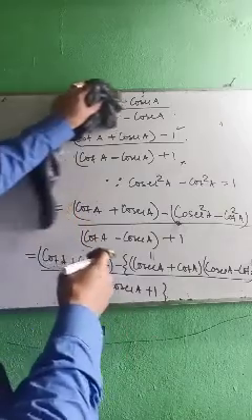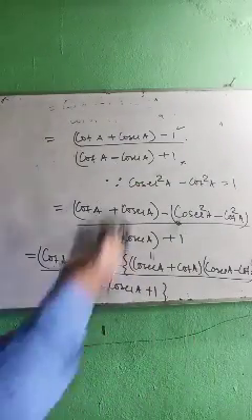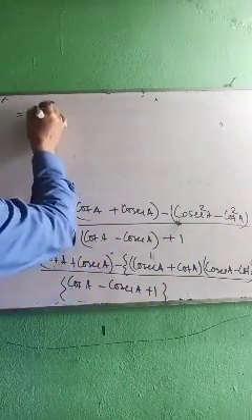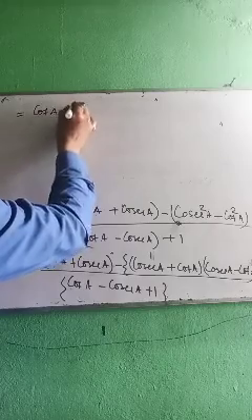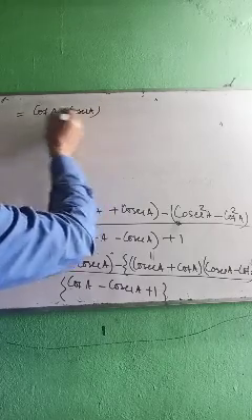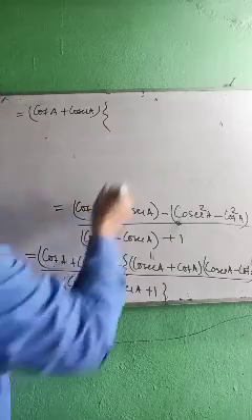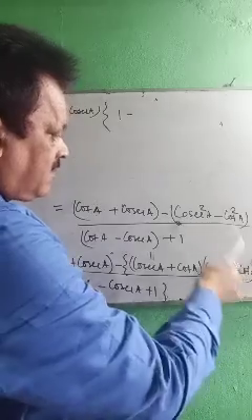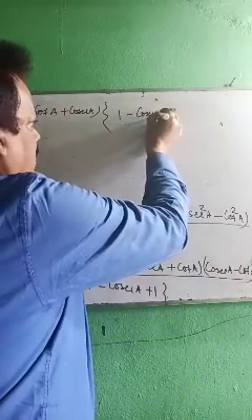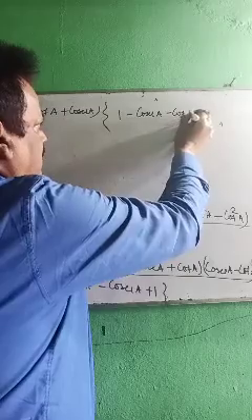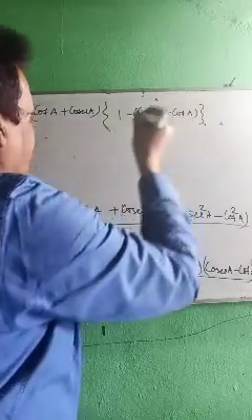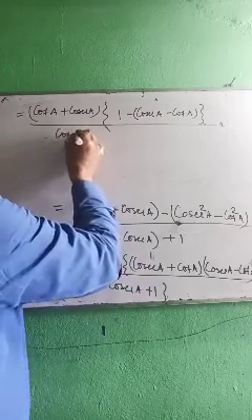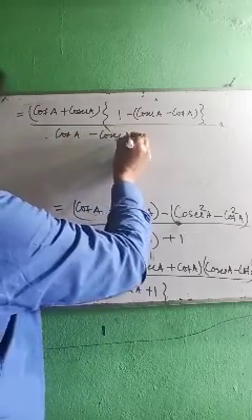When you take out the common factor, what will you get? If you take out cot A plus cosec A, what is left out here? 1 minus this is gone. What is left out? Cosec A minus cot A, inside the bracket, divided by cot A minus cosec A plus 1.